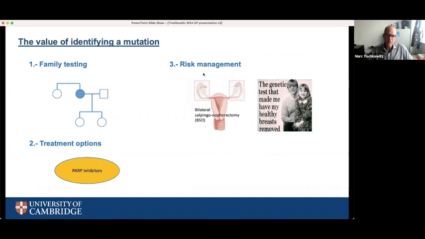And also in terms of cascading out to other family members, this is where it becomes important, because the genetic testing will target who else in the family is at risk, and therefore who else would benefit from either preventative measures or enhanced surveillance or early detection measures.